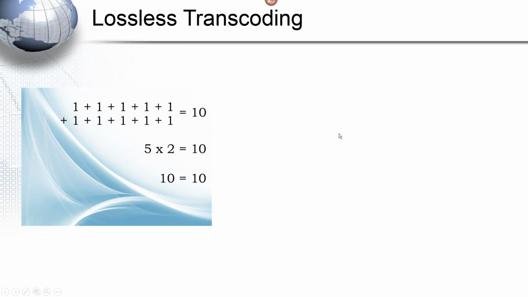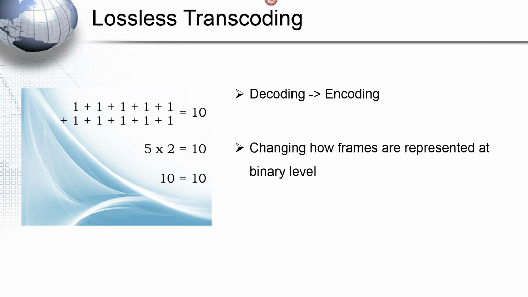So unlike rewrap, where what rewrap is really doing is copying all the ones and zeros directly from the original file into the output, the lossless transcoding is a way of decoding a file, reading all of its ones and zeros, and then re-encoding them in a new way. So we will be changing how the files are represented at the binary level, but the goal here is that even though we're changing the codec, we're changing the language in which the file is going to be read, we're going to ensure that we're always going to display the same frame.